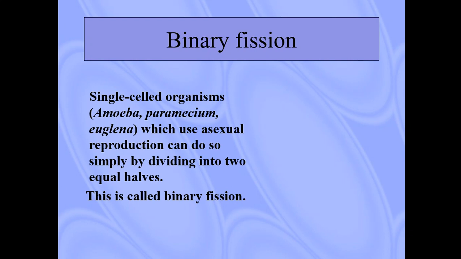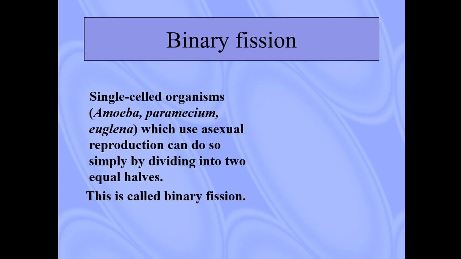Pag sinabing genetically identical, they have the same gene content as the parent. Binary fission may be transverse. Pag sinabi natin transverse, the cell divides across a short axis, or longitudinal, in which the cell divides across a long axis, or random, or no axis involved.